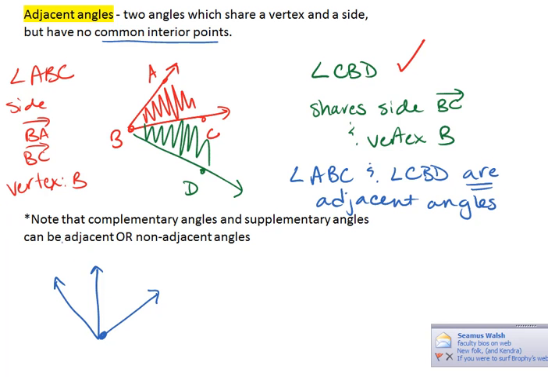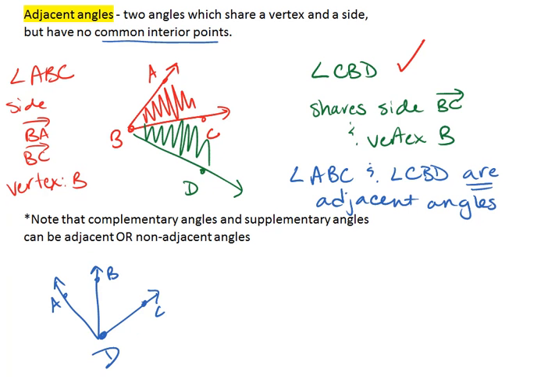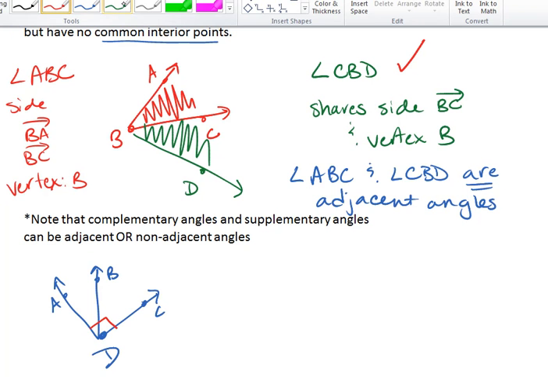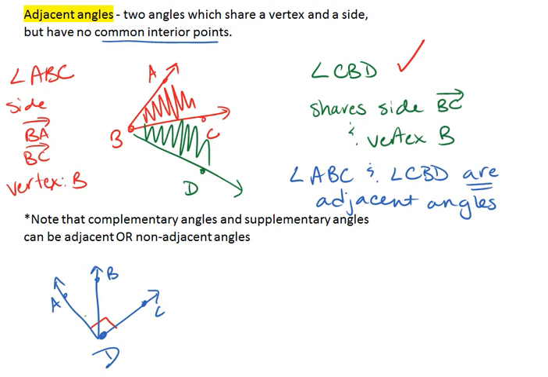They share a side, they share a vertex. In which case, ADC needs to be a right angle, because ADB and BDC are complementary.